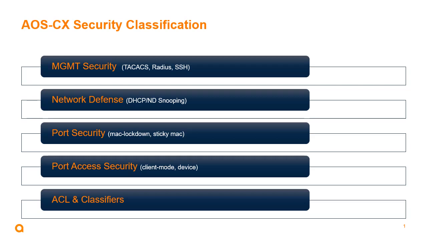Now we are bringing port access security features like MAC authentication, 802.1X authentication, LUR, and DUR to the aggregation and core platform 8360. And we are also enabling port security features. ACLs and classifiers are supported across the AOS-CX switches. With that, let's understand what is coming on the 8360 and how a real deployment can benefit from this.